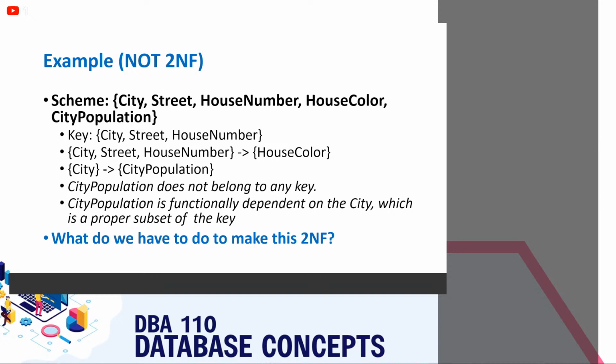And so if we have a certain house, which is on a certain street in a certain city, then the house color goes with that. So house color goes with city, street, and house number. City population goes with just city.